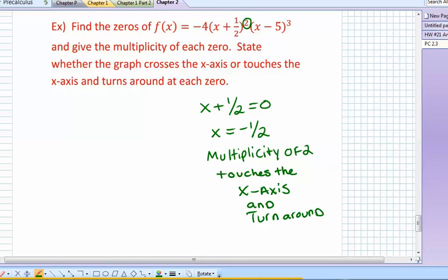So then the next one is x minus 5. Well, x equals 5. However, this is going to have a multiplicity of 3 because it's to the third power, which means it crosses the x-axis.